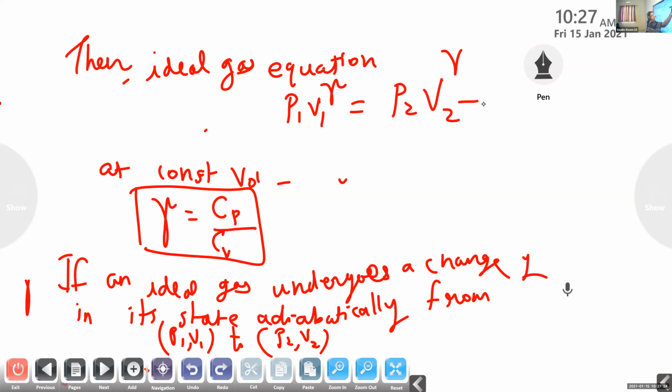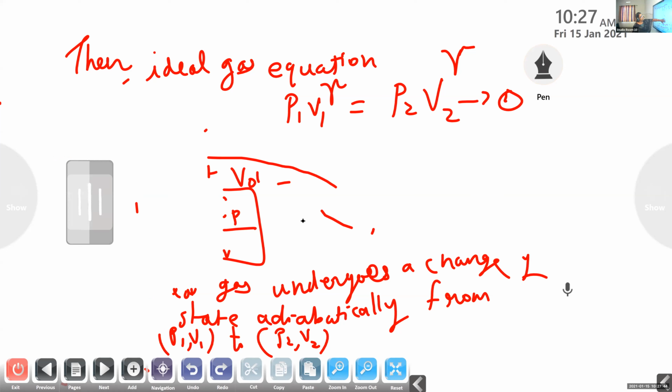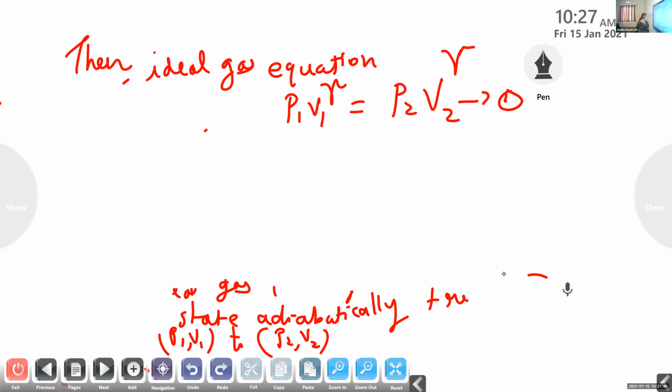That is equation 1. So the same PV raised to gamma we are going to consider for the initial state and the final state: P1 V1 raised to gamma and P2 V2 raised to gamma. That is equation 1.